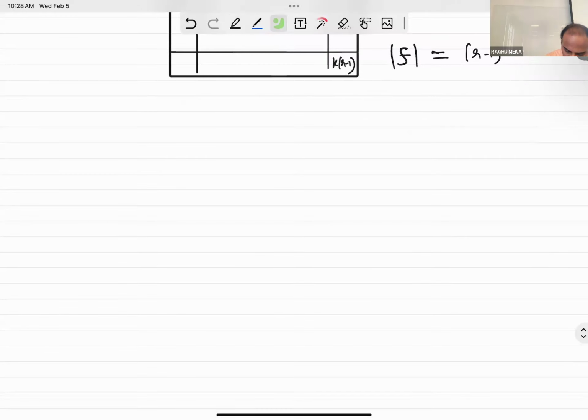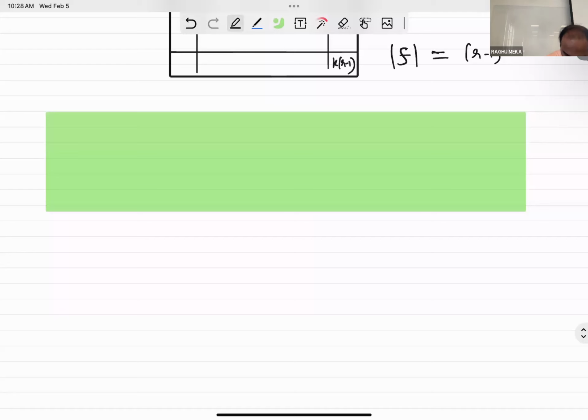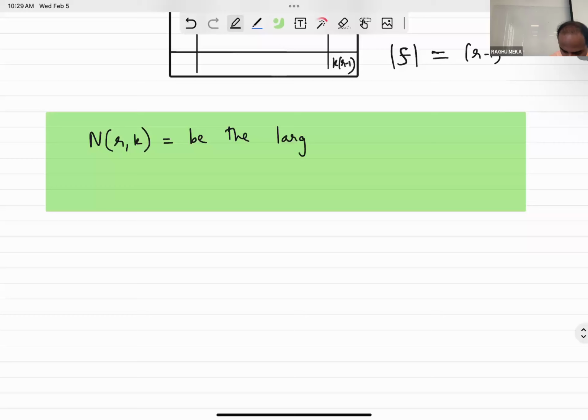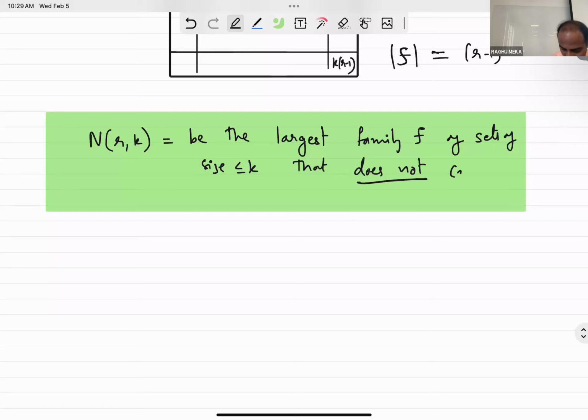Okay. So in summary, what do we know? Let n of R comma k be the largest family that does not contain an R sunflower.